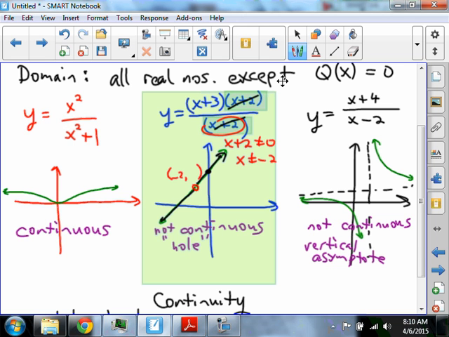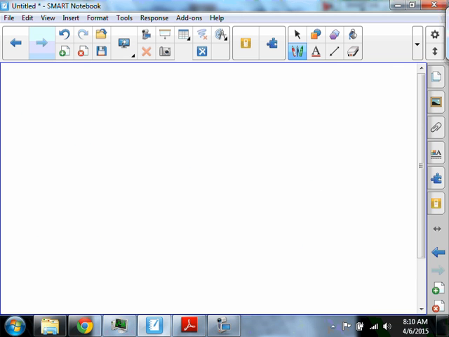Okay. Well, before we can go to our first example, we need to talk about where asymptotes occur. Okay. So, vertical asymptotes.